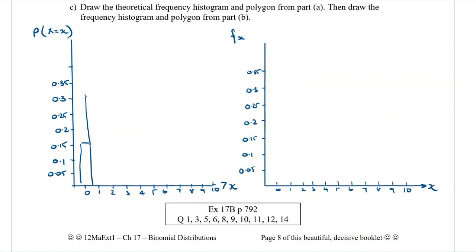That's going to be about there. 2 is 0.291. 3 is 0.155. 0.054, that's just above there. 0.013. 0.002. Getting tinier. I'm not sure I can do anything that tiny.